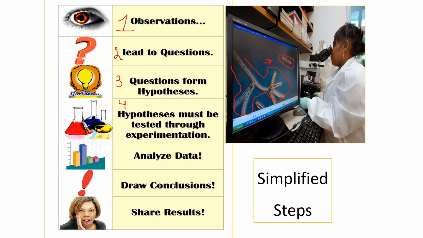Next step is that the hypothesis must be tested through experimentation. So now the scientist can make different experiments. She can put a lot of nutrients in one solution and her microorganism will be very big and large. In the other, she will put only half of the nutrients, and maybe now there will be only one big and one small microorganism.